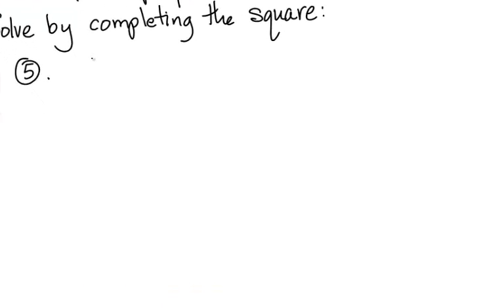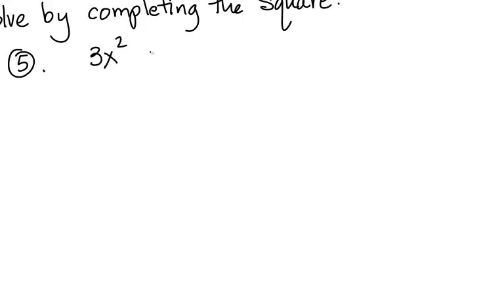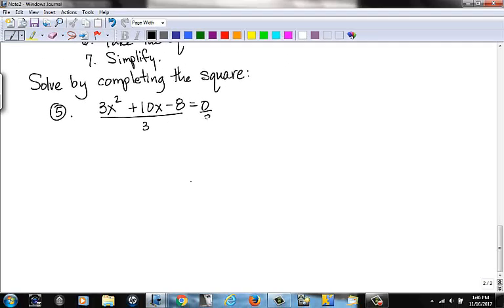And let's say they give you 3x squared plus 10x minus 8 equals 0. Okay, it's already in standard form, equal to 0. Next step, divide by a, and our a is 3. So divide all the way across by 3.